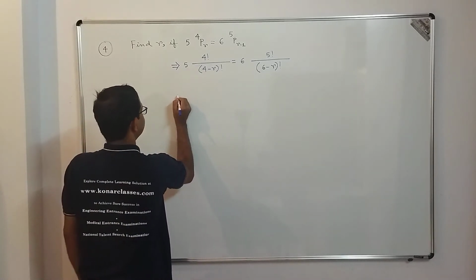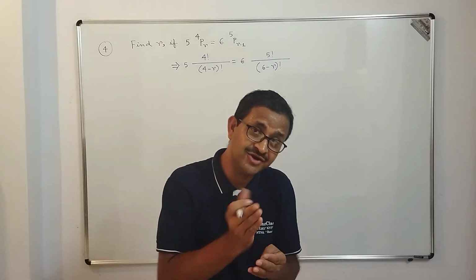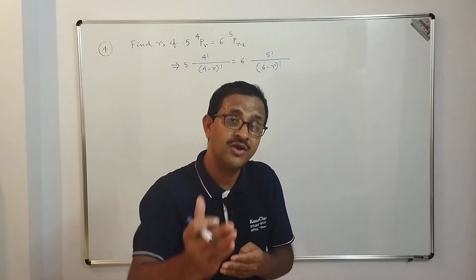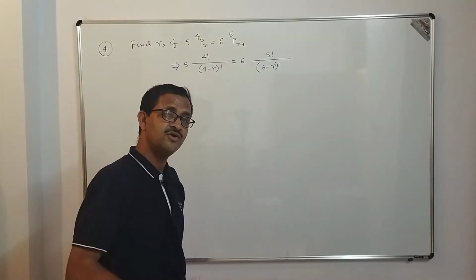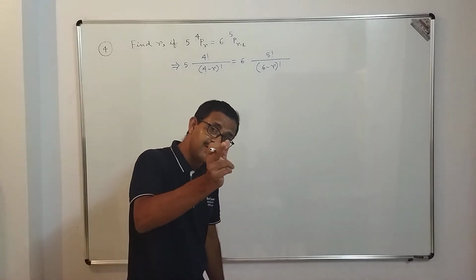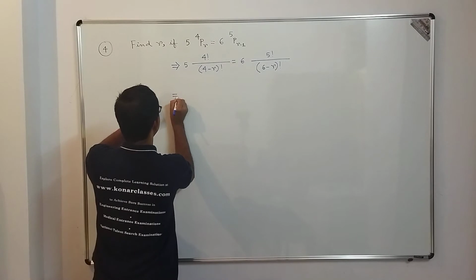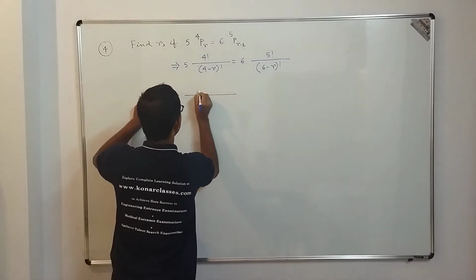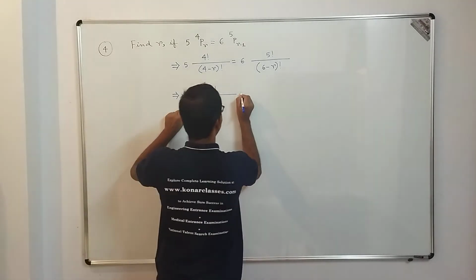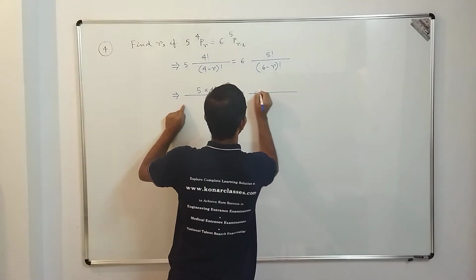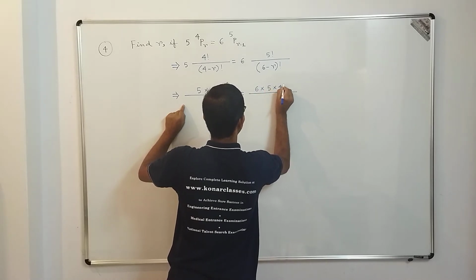The same concept, that between two factorials we should break that factorial which is larger till we go to the lower factorial. So between 4 factorial and 5 factorial, which one is larger? 5 factorial. So we should break 5 factorial till we reach 4 factorial. So this is equal to 5 into 4 factorial divided by, so let me write in the numerator of the right hand side also, 6 into 5 factorial means 5 into 4 factorial.